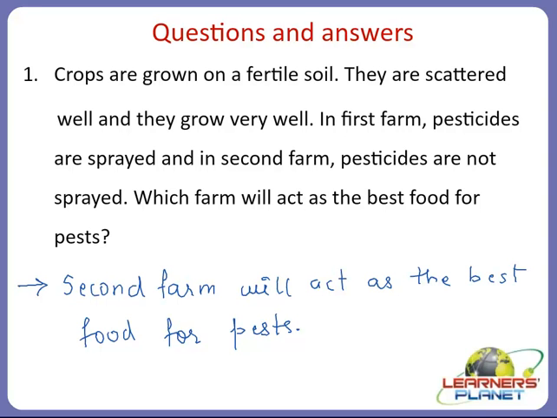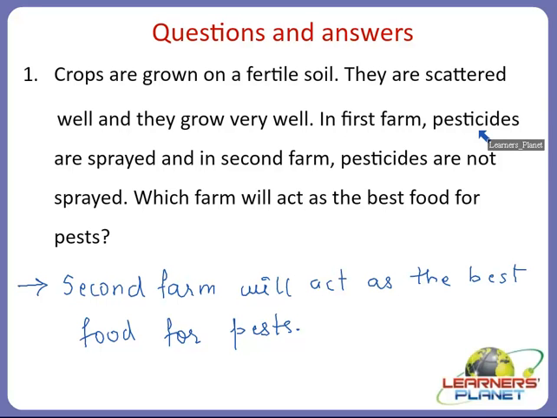So children, in the first farm where pesticides are sprayed, what will happen? The crops have grown well. Now when they are sprayed with the pesticides, they will be protected from the pests and then they will be harvested. But what has happened in the second farm is that the pesticides are not sprayed.